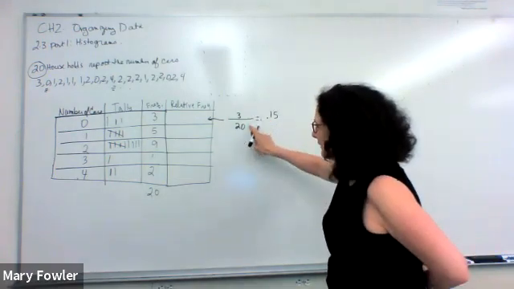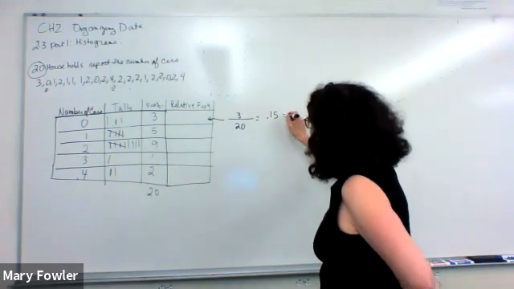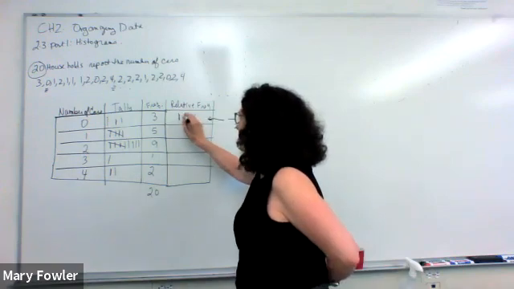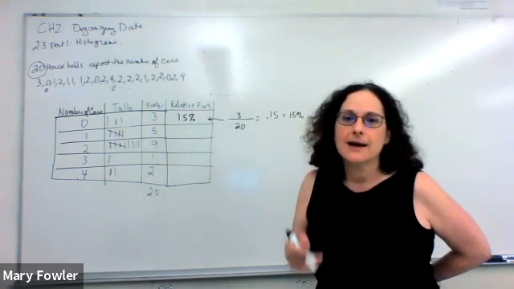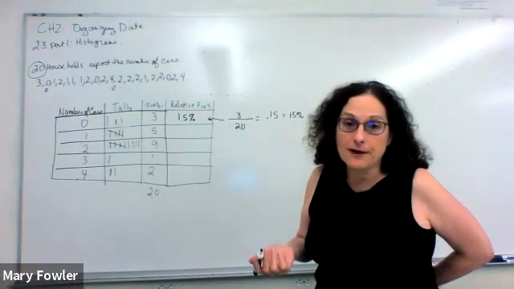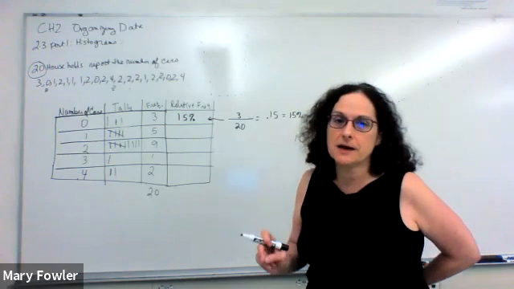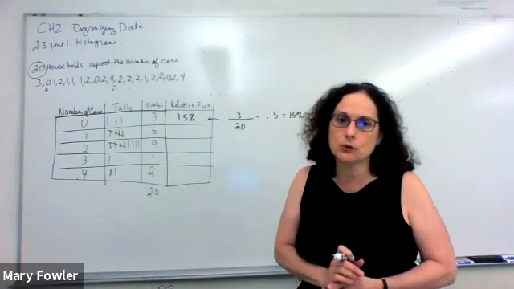So if I had 3 nickels, it would be 15 cents, okay? And that is equal to 15%. So my relative frequency, I could report as 15%, or I can report it as 0.15. That's fine, unless you're requested to present the number as a percent, you can certainly use either the decimal or the percent.